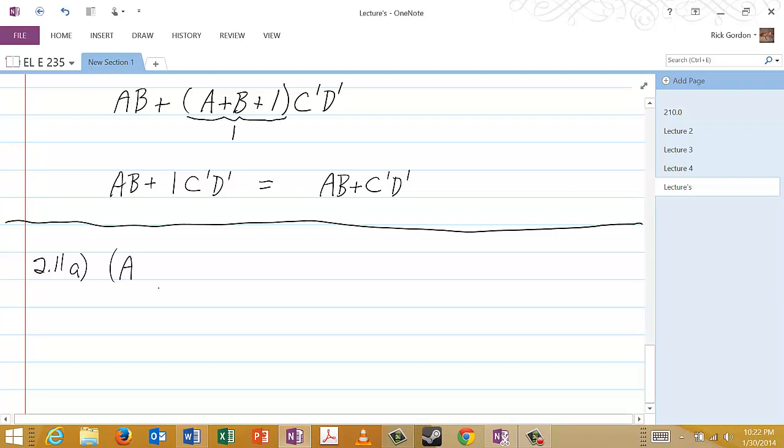We have A complement or B complement or C, ANDed with A complement or B complement or C complement.